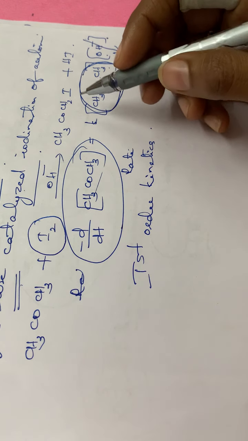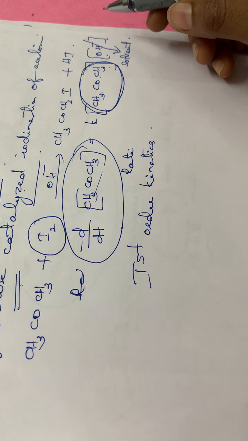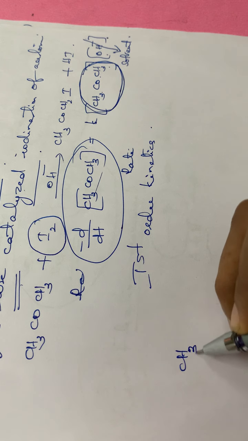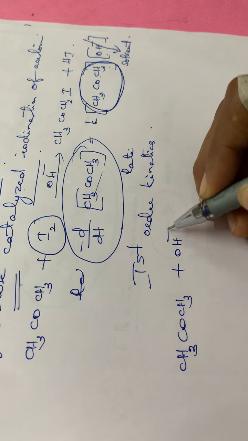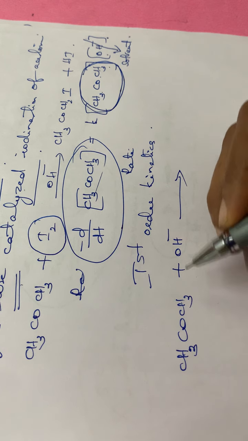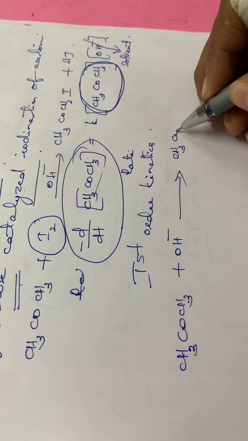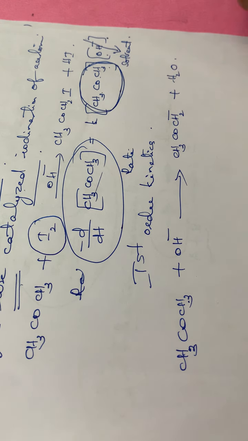And also the addition of iodine will take place only in the second step. So we can write the steps like this: CH3COCH3. In the first step, the OH minus will abstract a proton from the CH3 group, so it becomes CH3COCH2 minus plus H2O.